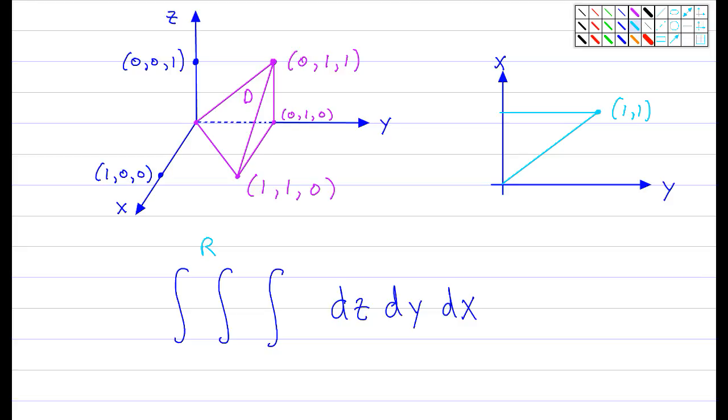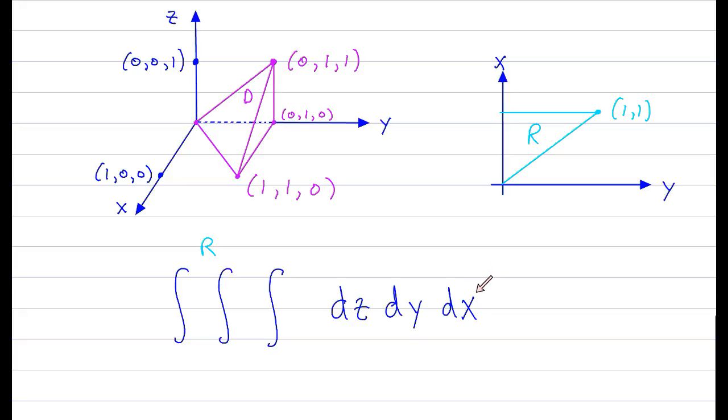This is our region R. That's the shadow that this tetrahedron makes in the xy plane, and it's going to define the bounds for our outer two integrals, just like when we did double integrals.